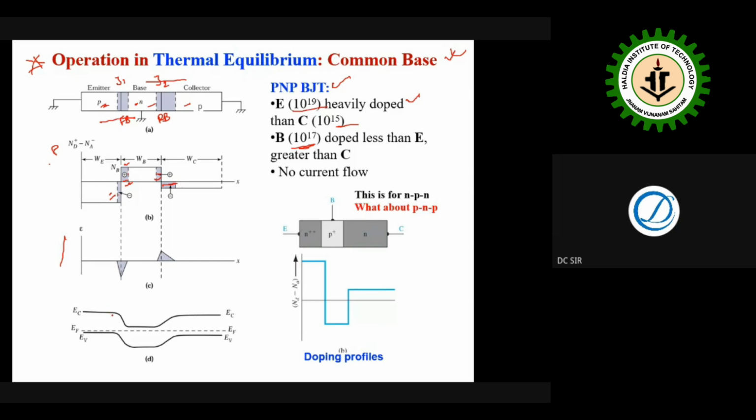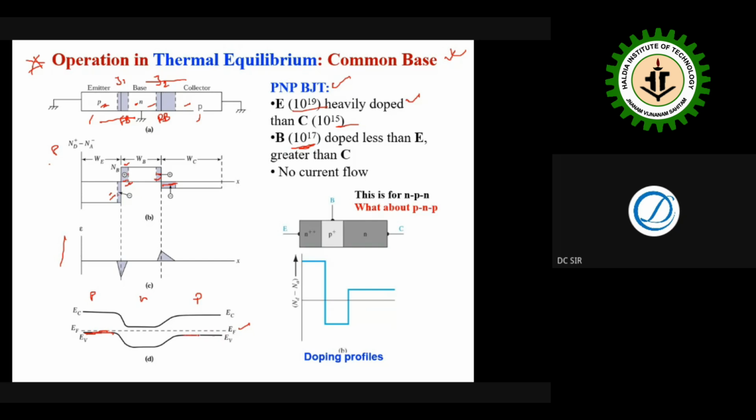How do we draw the energy band diagram? Because it is P, N, P. First we draw the Fermi energy level, then we draw the valence band closer to EF. This is P, this is N, this is P.